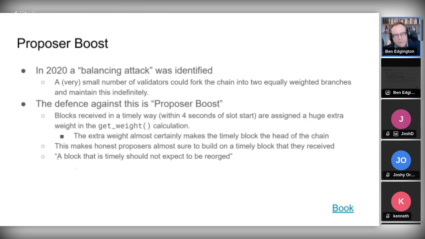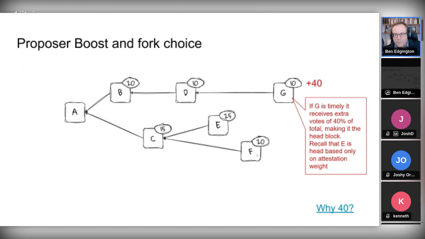And the principle is that a block that is timely should not expect to be reorged. You know, if I'm proposing a block in good faith, I should not expect my block to be reorged. I've got a link at the bottom to a much deeper discussion of this. But how does it change our diagram? This is the same block tree that we had before.